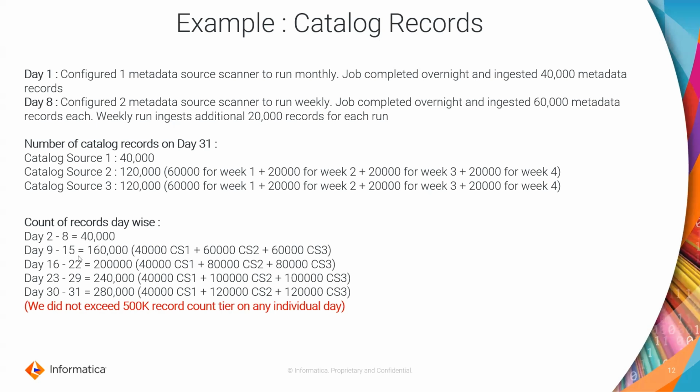From day 9 to day 15, it's 160,000, then 200,000 and so on. As I mentioned, the meter is based on the individual day basis, so that's where we need to count the number of records on each day. And we did not exceed the threshold of the second tier of 500K on any of the days. Hence, this tier does not apply.